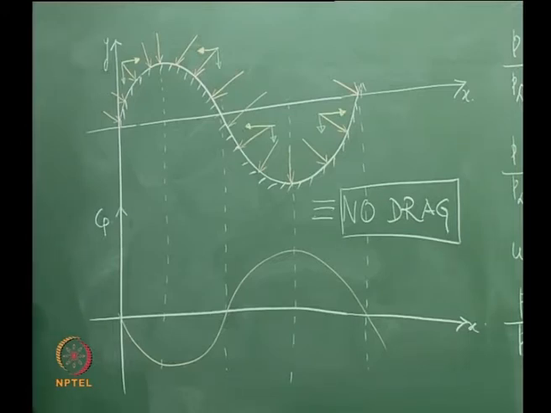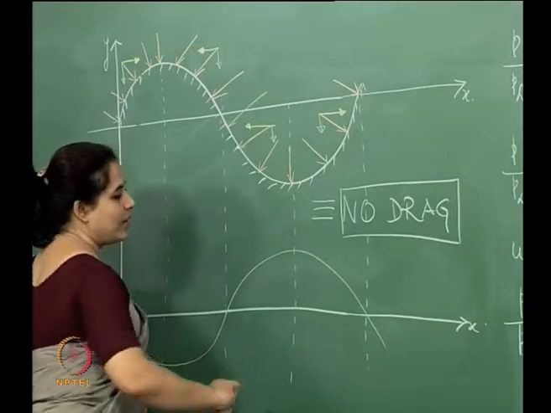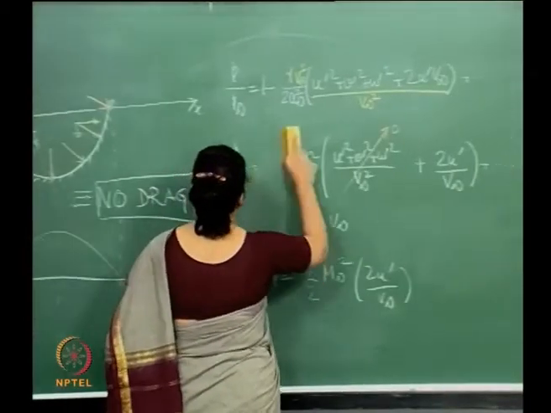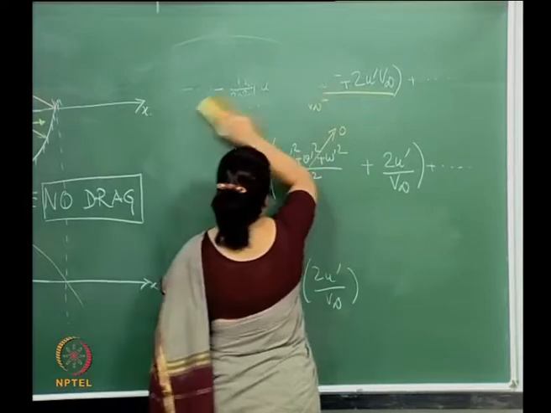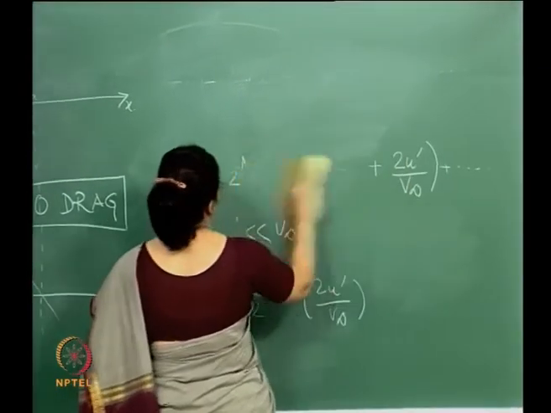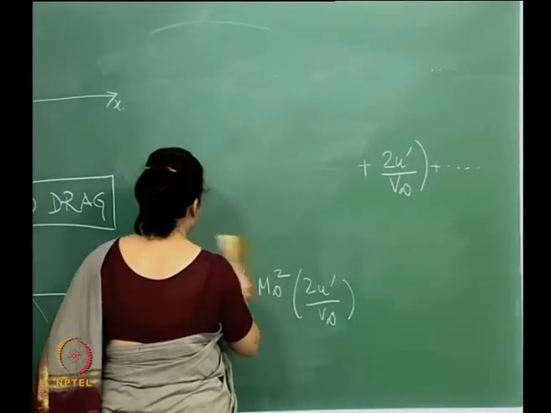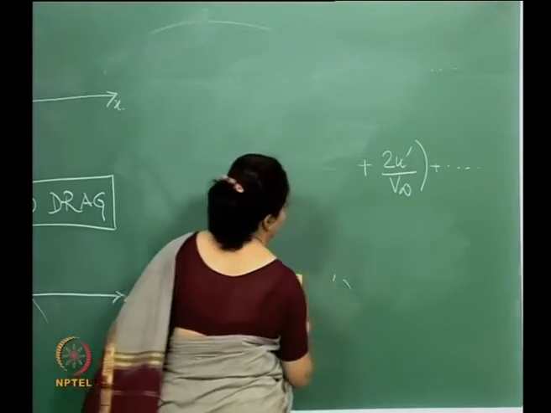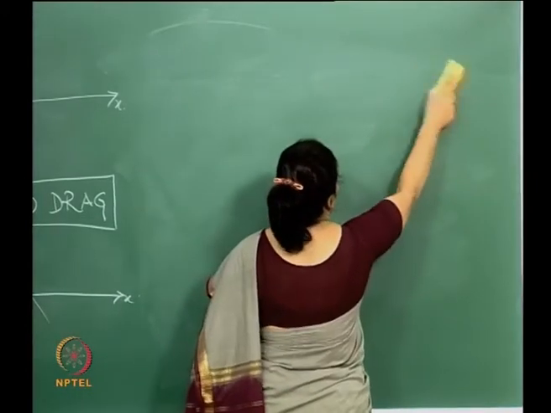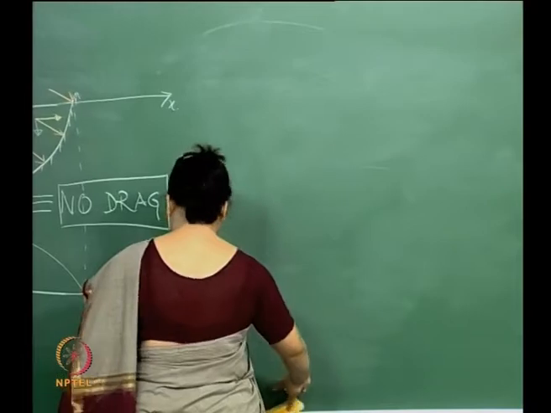Therefore, that creates what we know as D'Alembert's paradox. So, in the end, what we have done here is we have used a linearized theory.